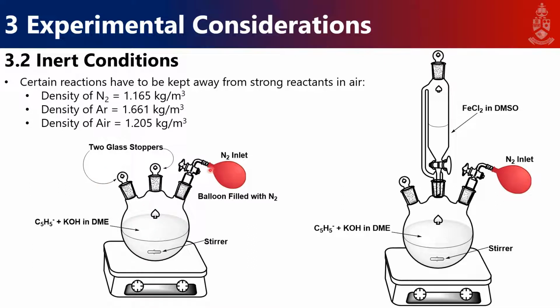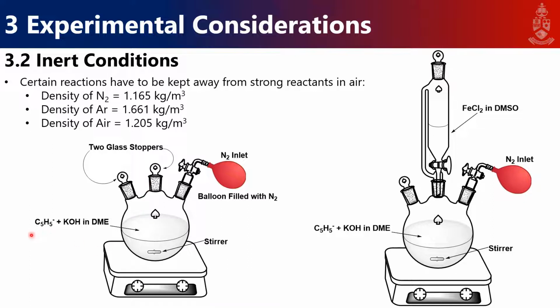Every time you add nitrogen, you're going to open this stopper, add some nitrogen, and push out all the air, to try and only have nitrogen in the top part of these flasks to create an inert atmosphere on top of your reagent mixture, so that you can only have your reagents reacting with themselves instead of reacting with any moisture or oxygen left in your flask. And that's the principle behind your inert conditions.